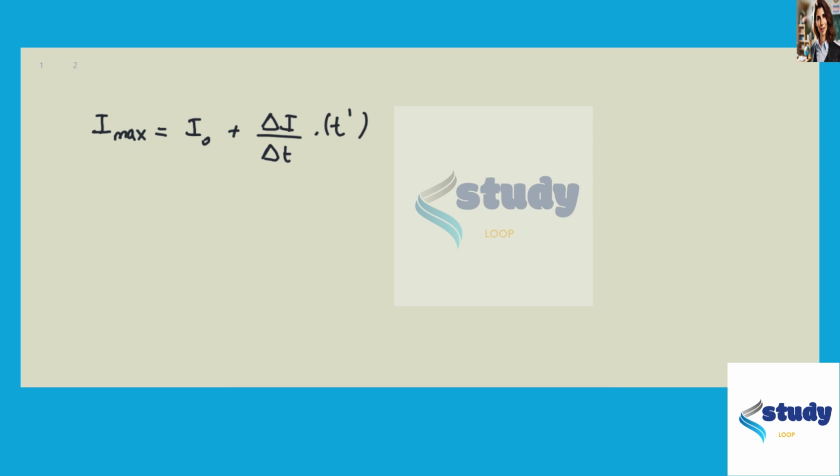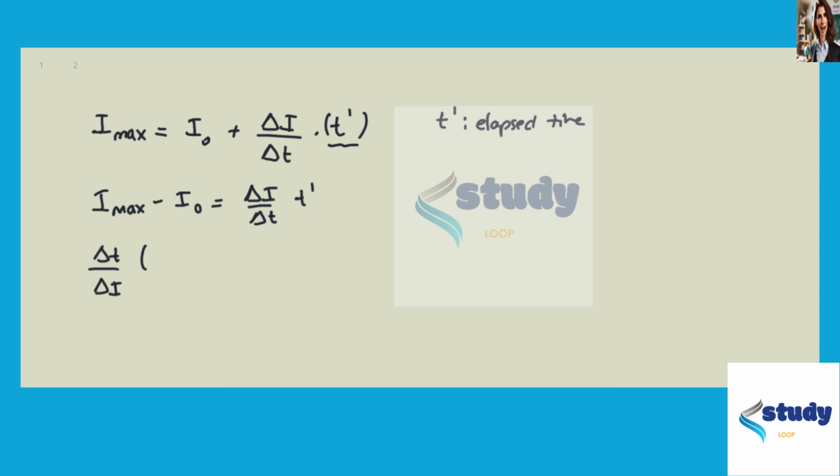That elapsed time is what we want to figure out. If we isolate it, I max minus I naught equals delta I over delta T times T prime. If we divide both sides by delta I over delta T, then delta T over delta I times I max minus I naught equals the elapsed time.